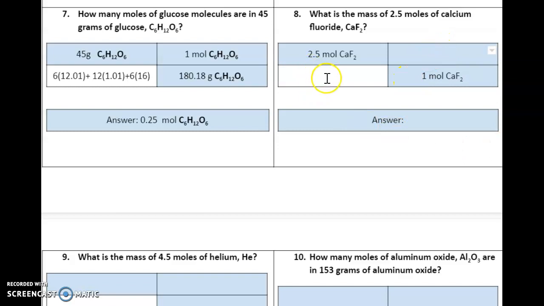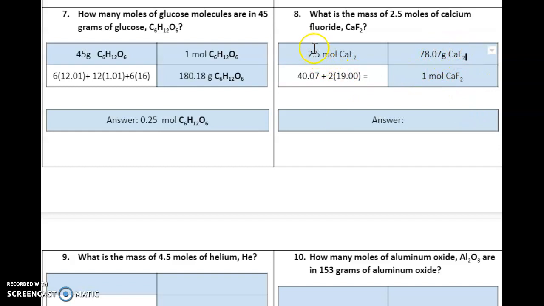Calcium on our periodic table is in group 2, 40.07. There is 1 calcium here, and we are going to add that to 2 fluorine, and fluorine is 19.00. That's how we're going to find our molar mass. So for number 8, our molar mass is 78.07 grams of CaF2, calcium fluoride.